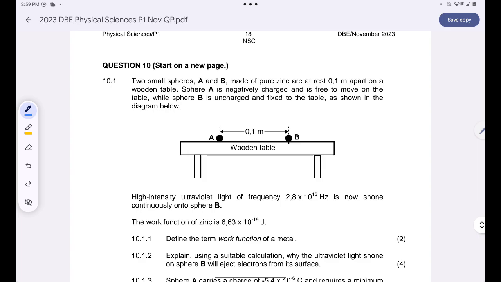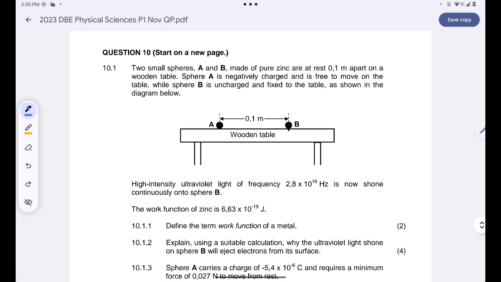Okay, two small spheres A and B made of pure zinc are at rest and they are 0.1 meters apart on a wooden table. Sphere A is negatively charged and is free to move on the table, while sphere B is uncharged and fixed on the table, as shown in the diagram below.